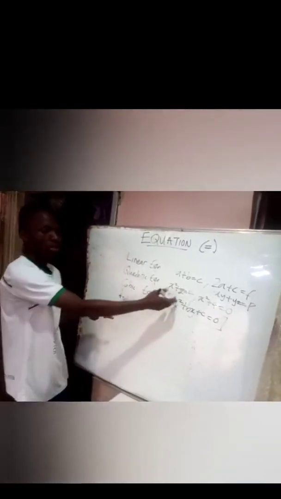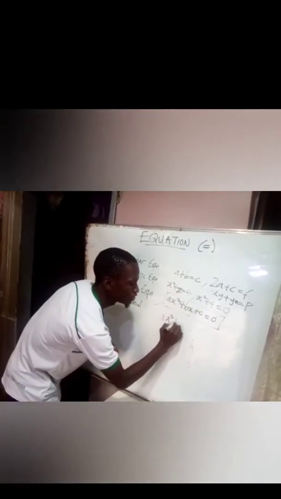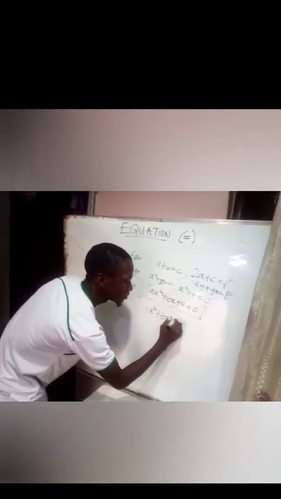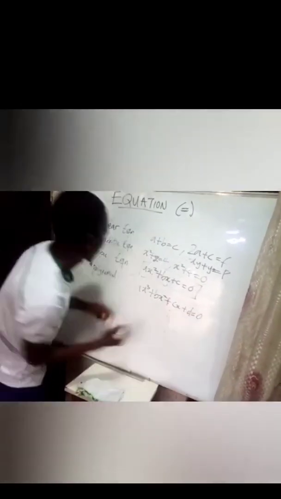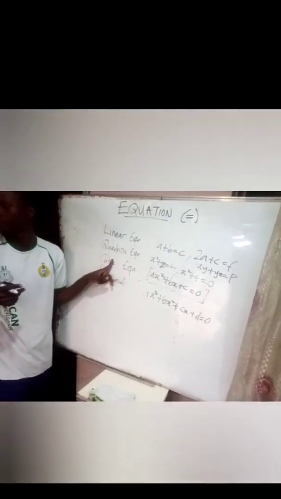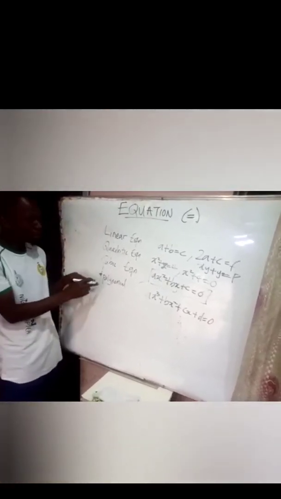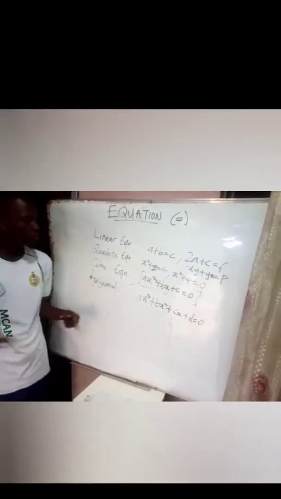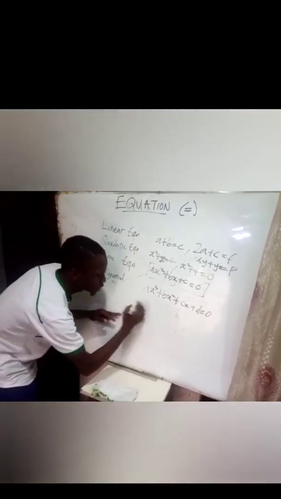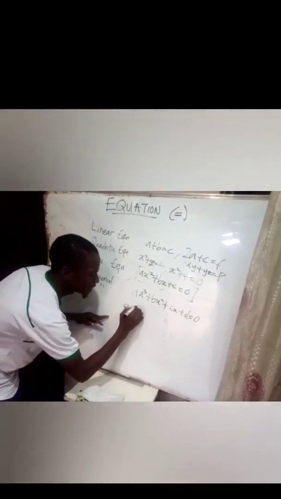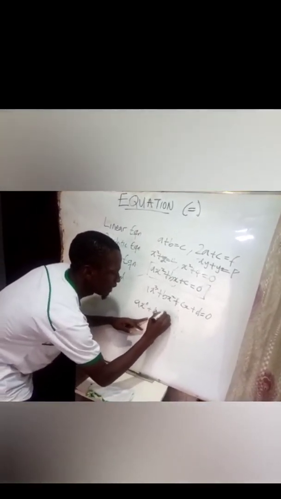While for cubic equation, the same thing, raised to power 3. When you have ax cubed plus bx squared plus cx plus d is equals to 0, that is a cubic equation. Is it clear? Do you understand? While for polynomial, like we said, poly means something that is much. So n can start from 4 and above. It means you are going to write the equation like ax raised to power n plus bx raised to power n minus 1.